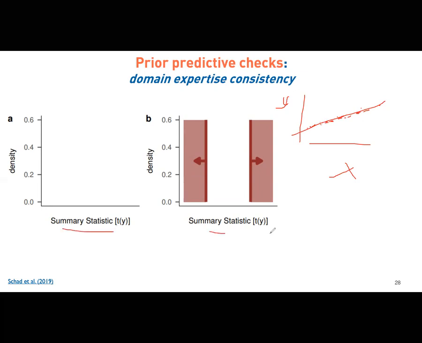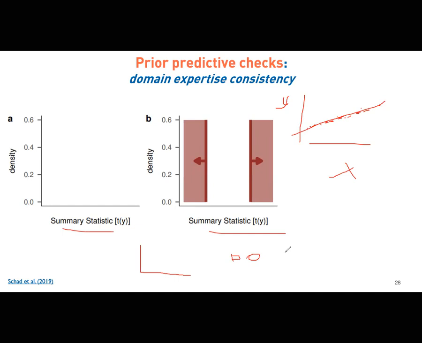This is shown, for example, on the x-axis, and the summary statistic can be how often each participant is choosing the correct response. We know that a priori, the choice accuracy cannot be 0 and cannot be 1, right? For example, if we have two choice options, one square, one circle, and we assume that one is better and the other is not, let's assume I don't really learn anything.